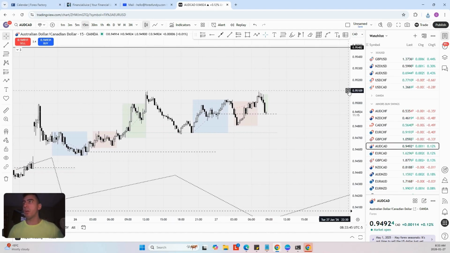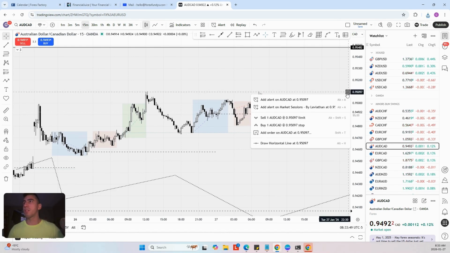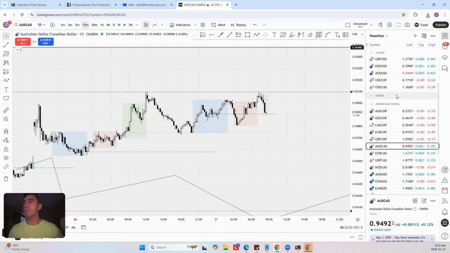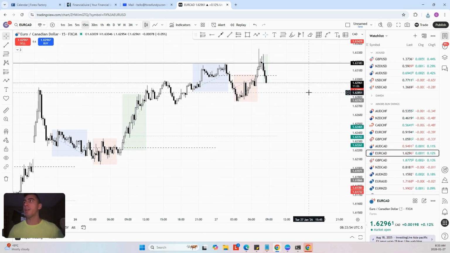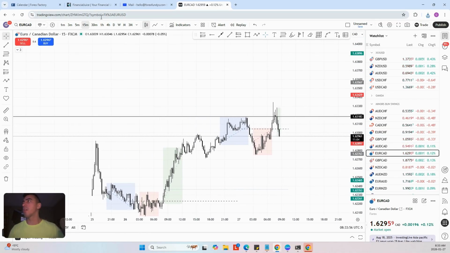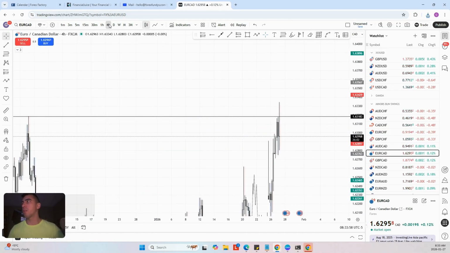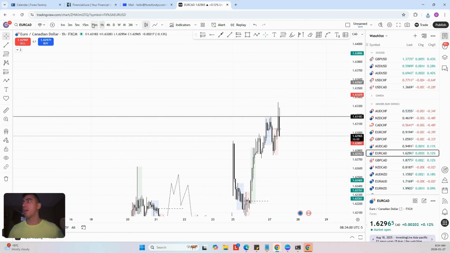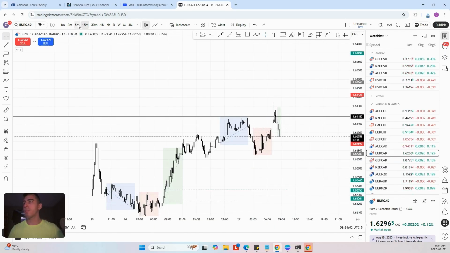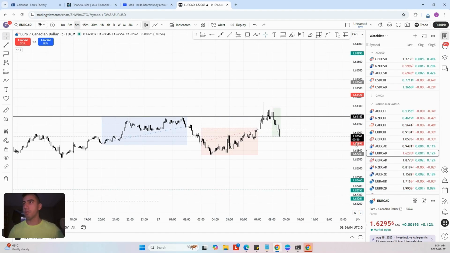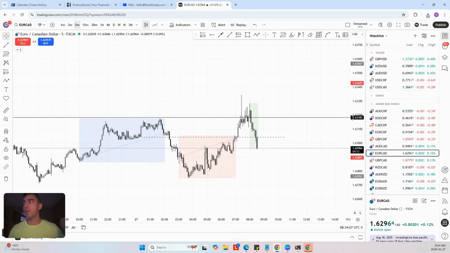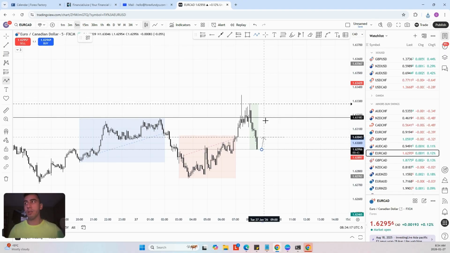I'm going to put an alert right up here for the sweep that I want, especially because these are equal highs right here. Euro CAD, it looks like it might have had a big sweep. Yep, that's going to be really nice. Euro CAD might be a very good short after that huge run. I'll put an alert here, but this one could literally just pop and drop.